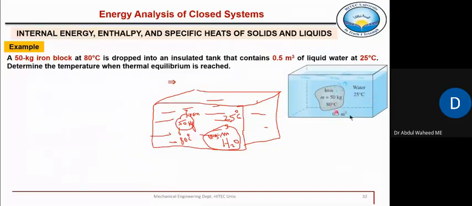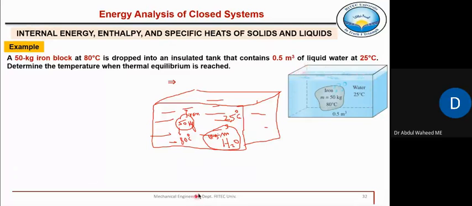So वहीं से मैंने इसका solution upload किया है यहाँ पे. So this is the iron block, 50 kilogram weight, 80 degrees Celsius temperature. Water का initial temperature 25, water का volume given है. So now let's apply first law, energy balance, to this system. What is the system? This entire tank is our system.